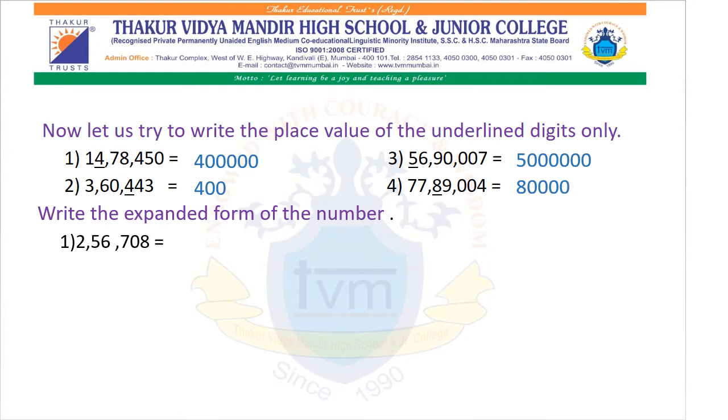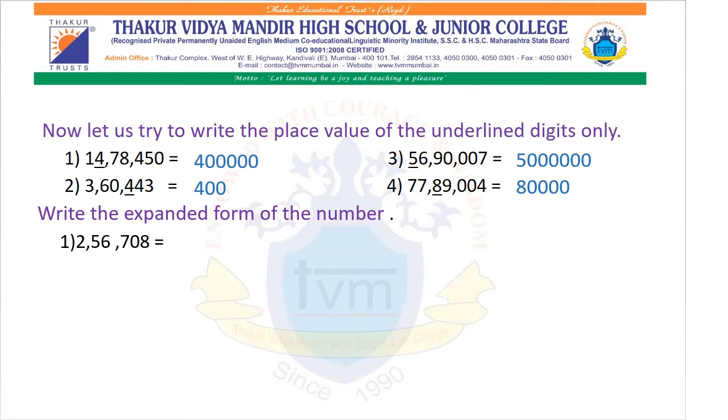Now we will try to write some expanded forms. The first number is 2,56,708. So highest place is lakh. So 2 is in lakh position. So 2 into lakh, it becomes 2 lakh. Correct? Then 5 is in 10,000 place.